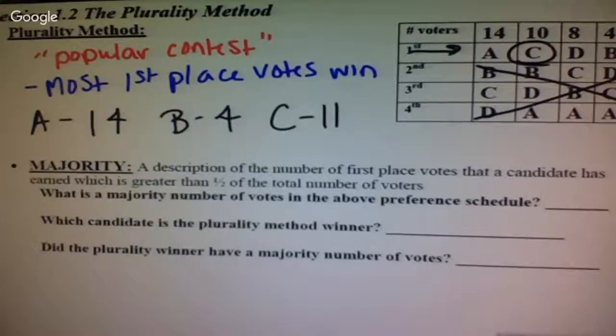Be careful, C comes in first in that second column and the fifth column, which gives them a total of 11, and D will have 8. So if they ask you who's your plurality method winner, you would tell me A.